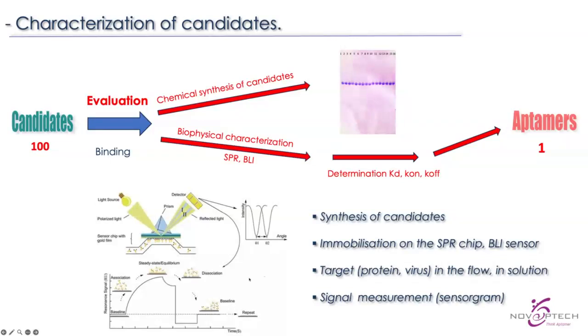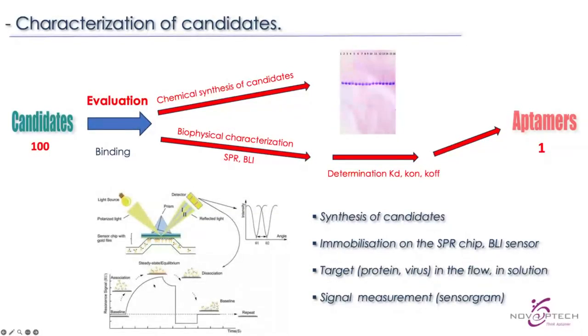Very quickly, what we do is immobilize the candidate on a sensor or on a chip, and we flow the partner, in this case the hemagglutinin, over the chip. When there is an interaction, we observe an increase of the signal that corresponds to the association of the hemagglutinin to the oligonucleotide. This is the resonance signal.